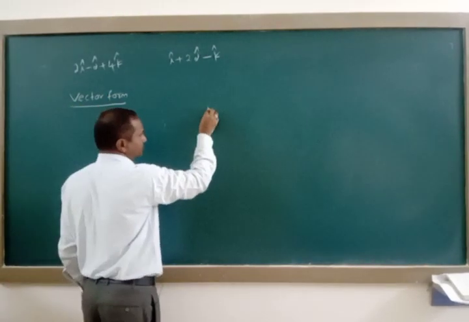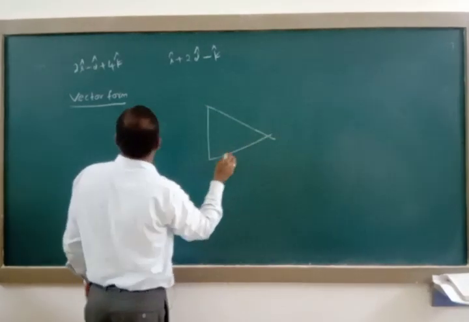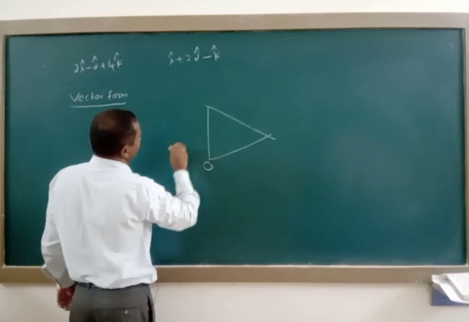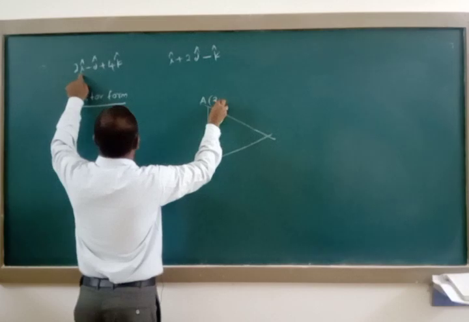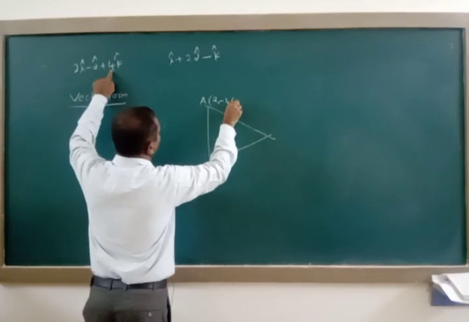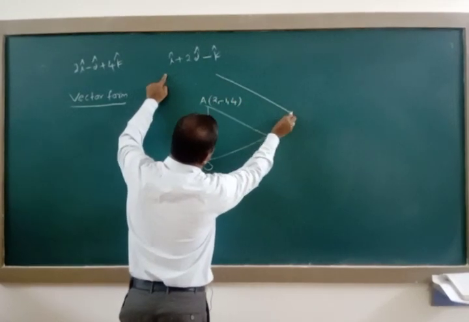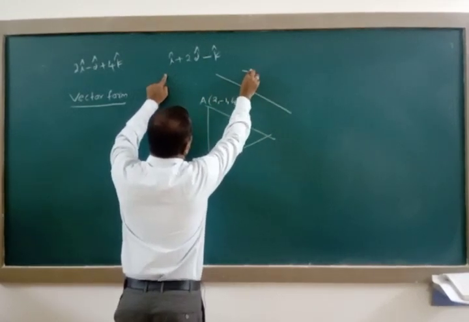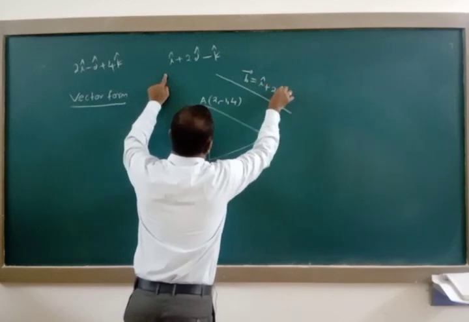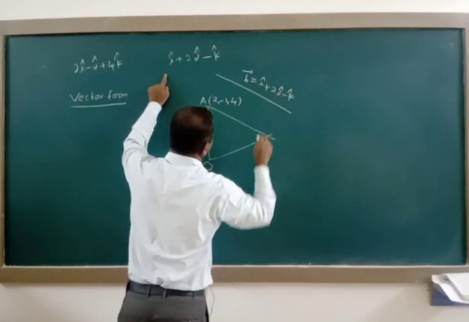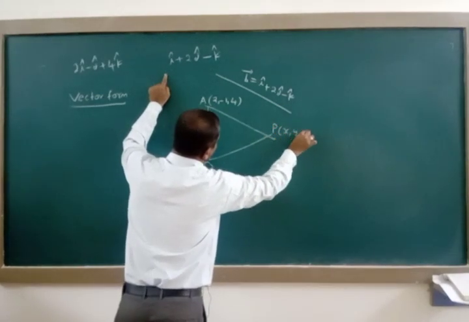The position vector of capital A is the point 2, minus 1, 4. In the direction of this vector means it is the parallel vector: B vector is equal to i cap plus 2j cap minus k cap. The general point is P(x, y, z).